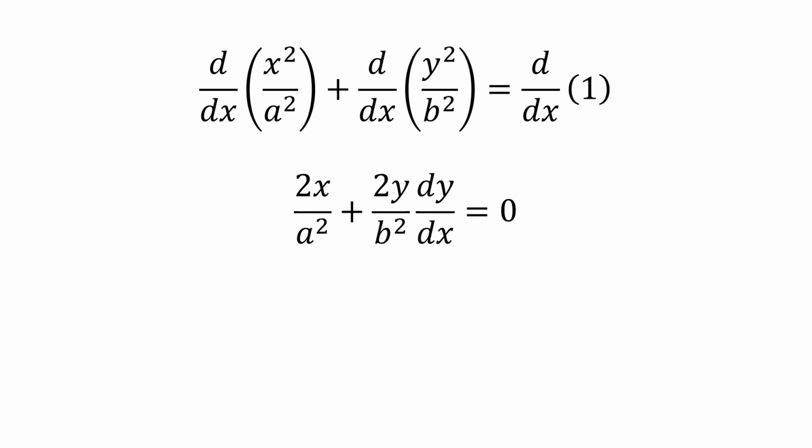To begin, we subtract 2x over a squared from both sides, which gives 2y over b squared times dy by dx equals minus 2x over a squared.